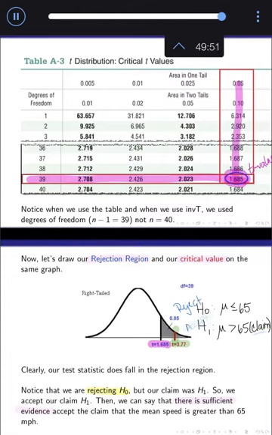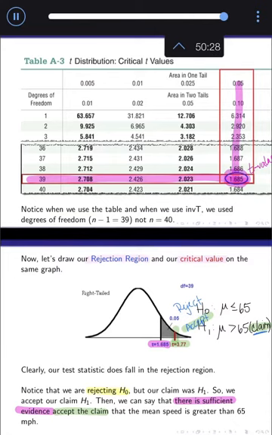Its complement, which happens to be our claim, is why we even care about that. Just like before, we're not failing to do anything, so there is sufficient evidence to do something. What are we going to do to H1, where our claim is? We are actually accepting it. So if we want to write this out nicely, we say that there is sufficient evidence to accept our claim that the mean was greater than 65.